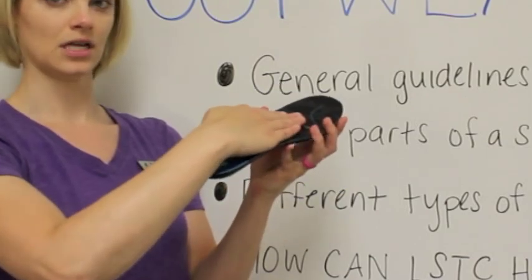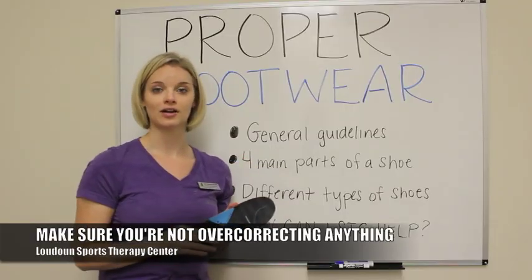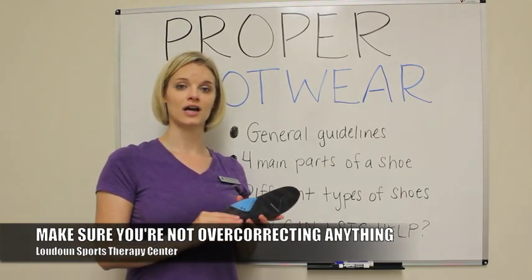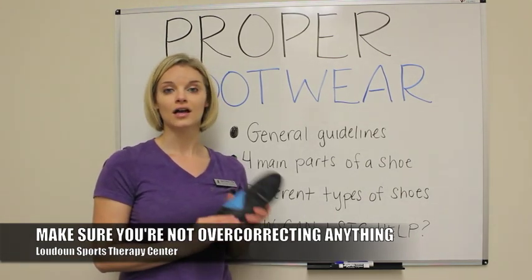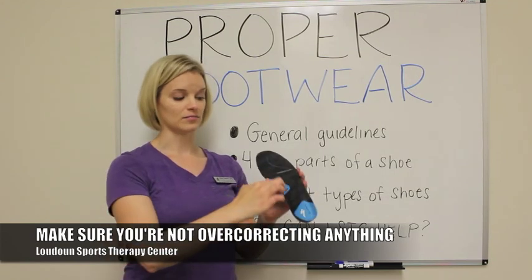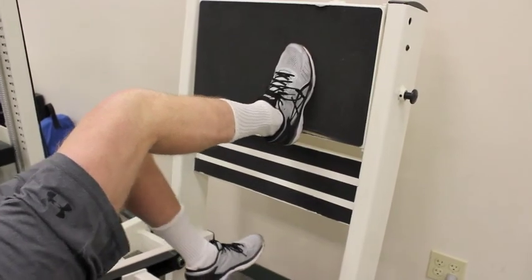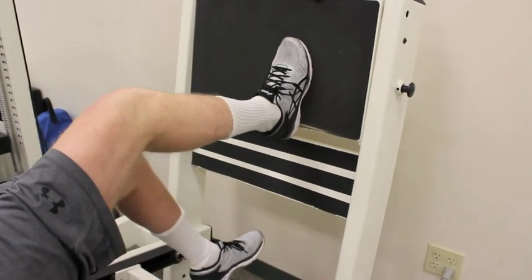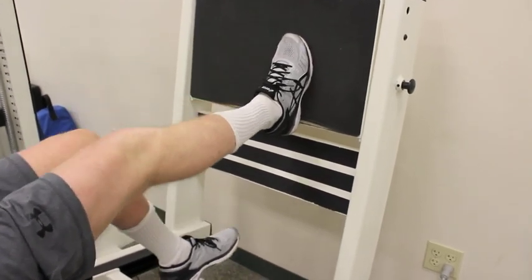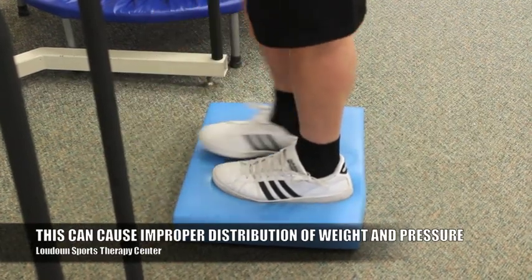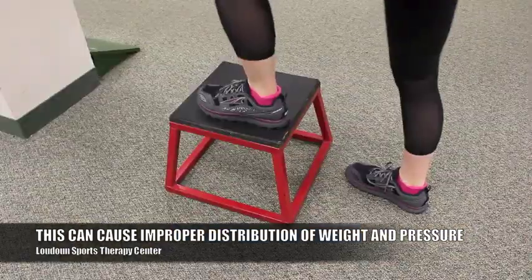One thing that you really want to be careful of if you do get fitted for shoes is to make sure that you're not being overcorrected. A lot of shoes these days have a lot of that medial stability already built into the shoe. So if you are getting more of a stability shoe, you want to make sure that you're not overcorrecting yourself, which will force you to actually supinate and put too much pressure on the outside of your foot, which can cause other problems.